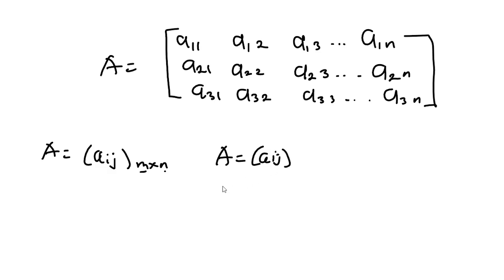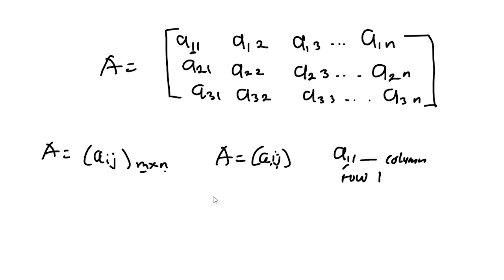Now, what does it mean? The i here talks about the row, and the j talks about the column. So the A11 here talks about row 1, column 1. So A11 is there.